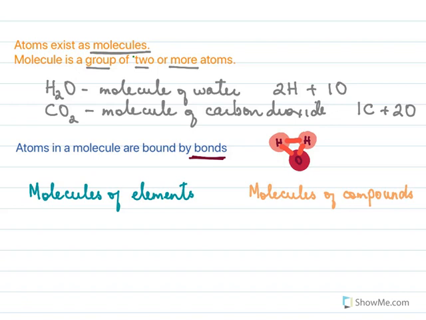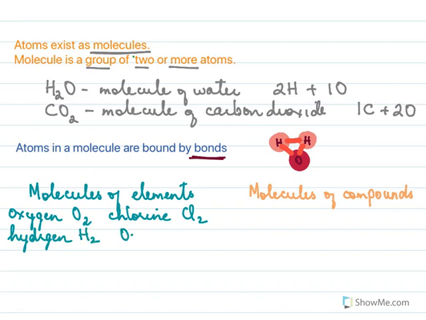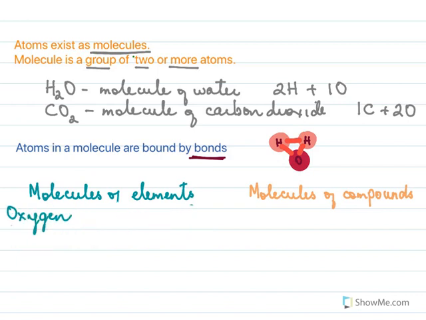Like oxygen is O2, then we have chlorine, which is Cl2. We have hydrogen, which is H2. We have ozone, which is O3. So you have noticed that oxygen, which is O2, is made up of 2 atoms of only oxygen.